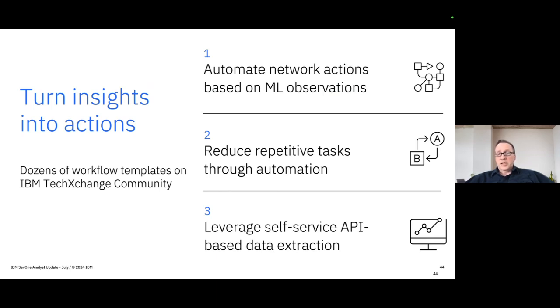Also, reducing repetitive tasks with automation, or leveraging self-service API-based data extraction. Maybe there's something you want to collect data from that doesn't have an SNMP agent but has an API. So you're able to collect any data and import it into your solution.